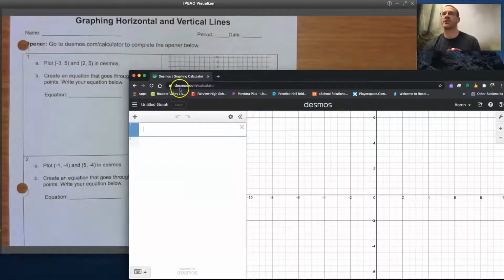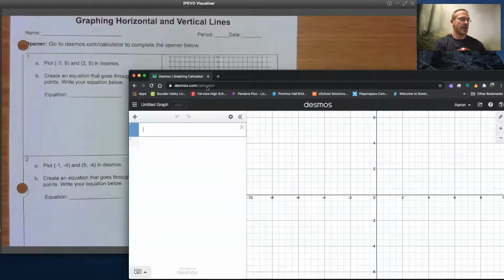You can just type it in, Desmos.com/calculator. You can search and get to Desmos that way. I'll give you a second or two to do that. If you need to pause the video for a minute to make sure you have that up and looking at it, okay?